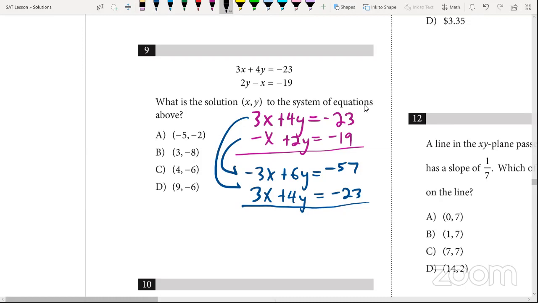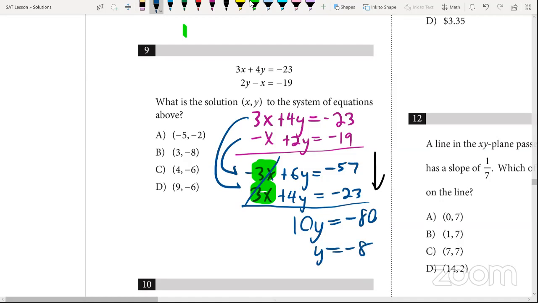Now, when we add straight down, the 3x's are going to cancel. So that crosses out, and we have 10y equals negative 80. Divide by 10 on both sides. Y equals negative 8. So the only answer that has y equaling negative 8 is choice B. So the answer for number 9 is B.